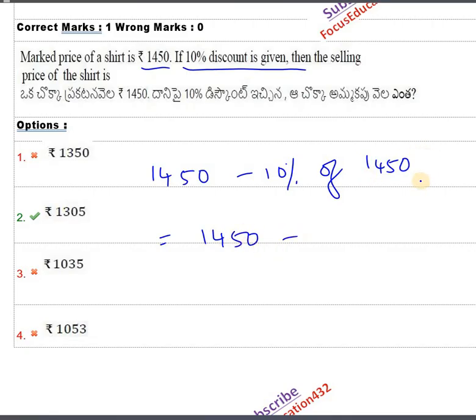Very easy: 10% means keep a decimal point before the last digit, so 145. From 1450 minus 145, we get 1305 rupees. So this is the 20th question.